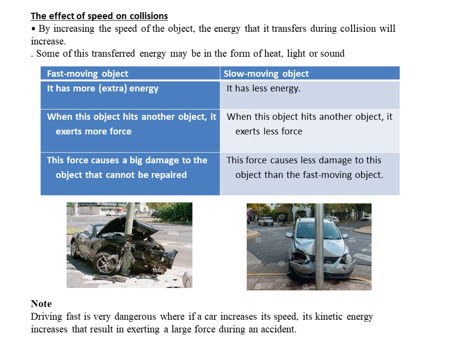If we apply the same ideas on the cars which move fast on the road, we will find that whenever a car moves with a high speed, it will be able to transfer a great amount of its kinetic energy to the object that it crashes into, and will cause more damage.